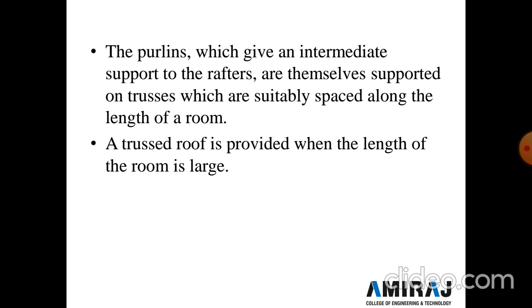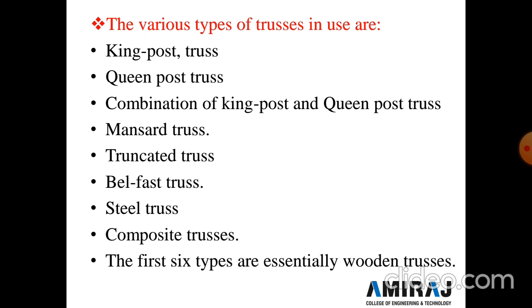Now the next topic is the various types of truss: first is a king post truss, second is a queen post truss, third is a combination of the king and queen post truss, then mansard truss, truncated truss, Belfast truss, steel truss, and composite truss. The first 6 types are the essential wooden trusses.